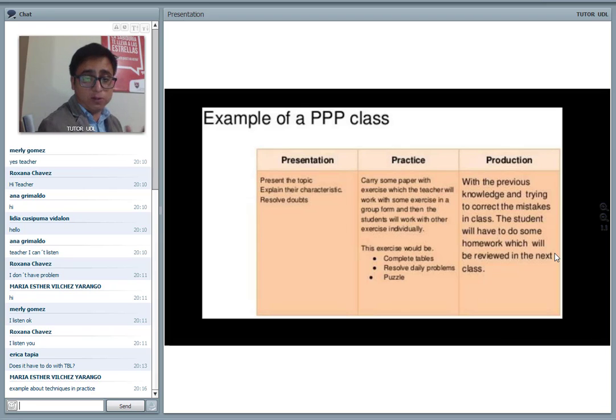After they finish that part, you can make the students write their daily routines in a short paragraph. In that case, the students are producing their own ideas, but they have to take into account the words that you have taught them in the presentation, and maybe the words that they have learned during the practice part.